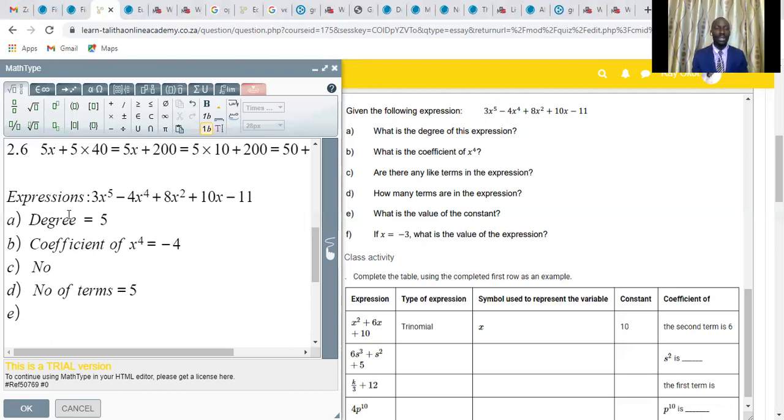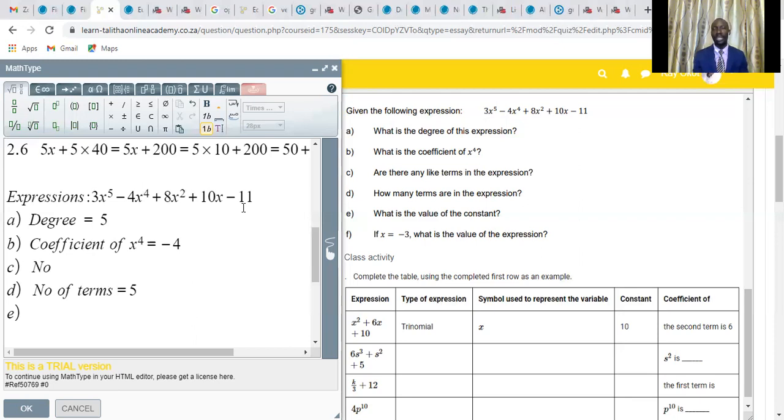Notice that in an expression like this, the constant is the term inside the expression where there is no x. If a term has no x attached or multiplying it, then this term is called a constant.